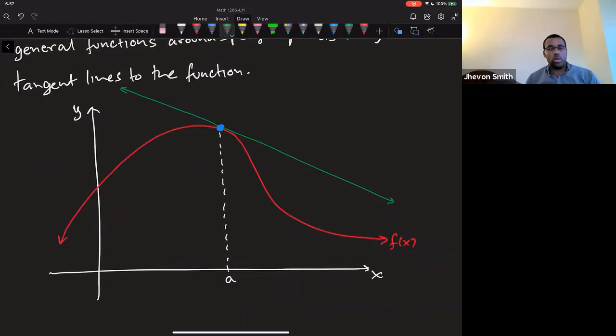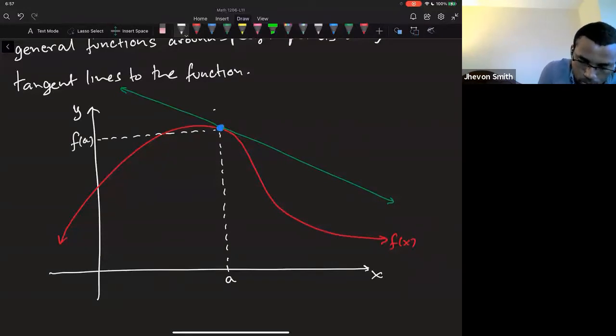We want to approximate it at the point a comma f of a. Well, not really. What we want to do is approximate it for regions around this point.